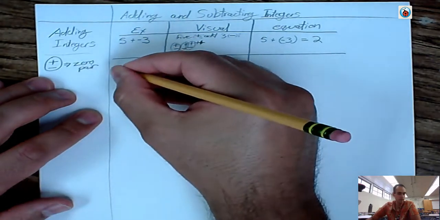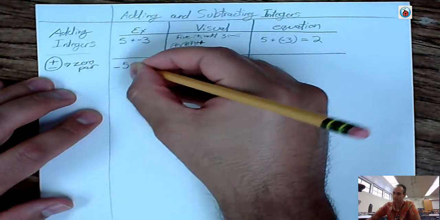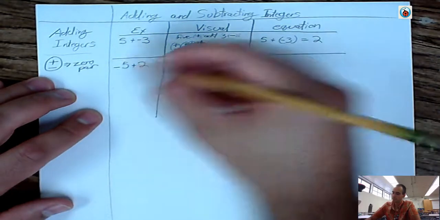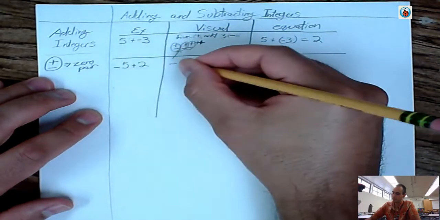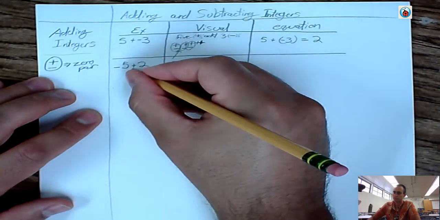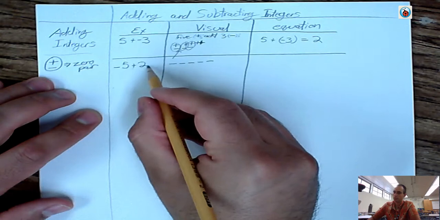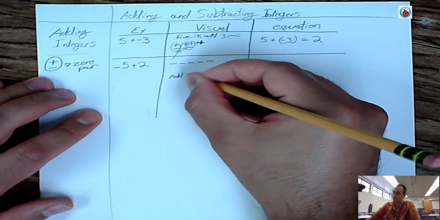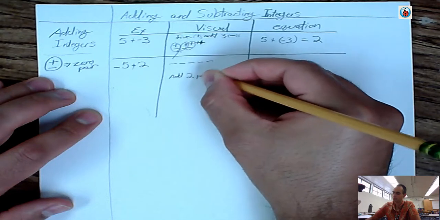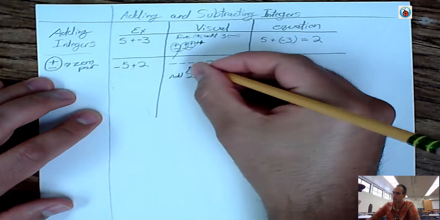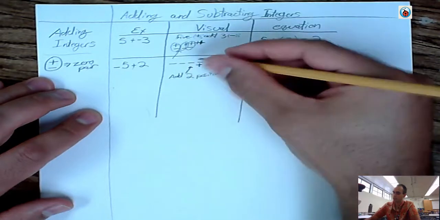Let's try now negative 5 plus 2. So that would be negative 5, so I'm going to put in 5 negatives. 1, 2, 3, 4, 5. I'm adding in 2 positives. 1, 2.